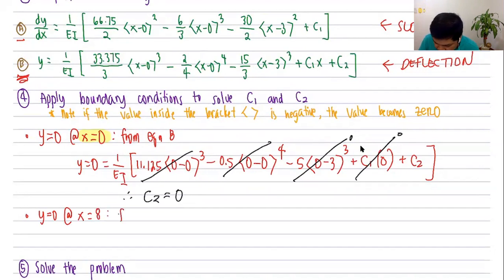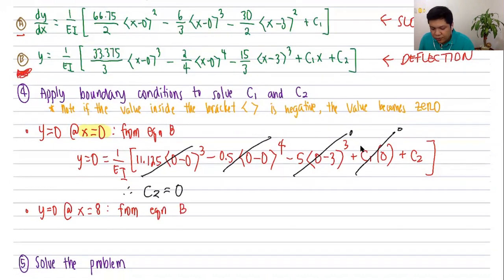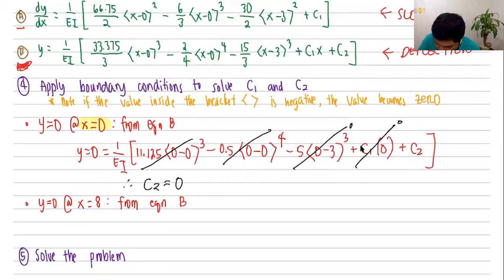Okay? Therefore, similarly, since I'm looking at y, from equation B, I can say that y is equal to 0, is equal to 1 over EI times 11.125 x minus 0.